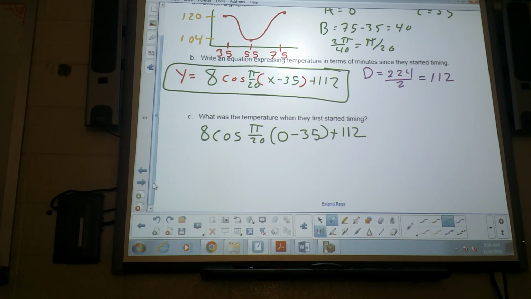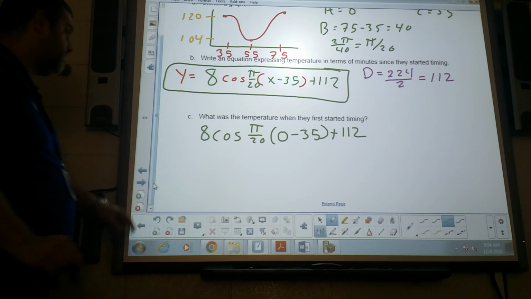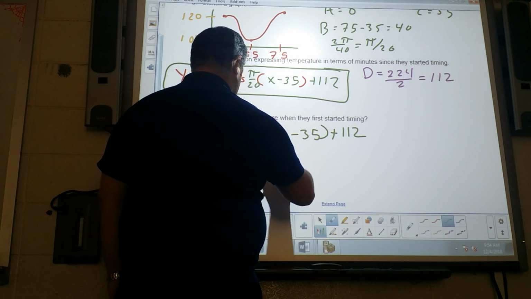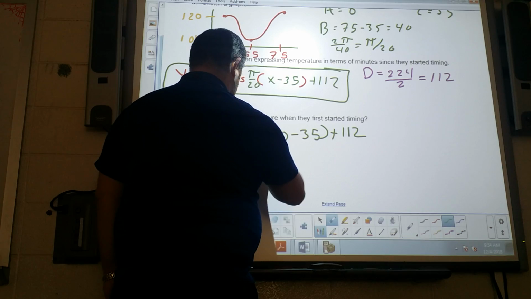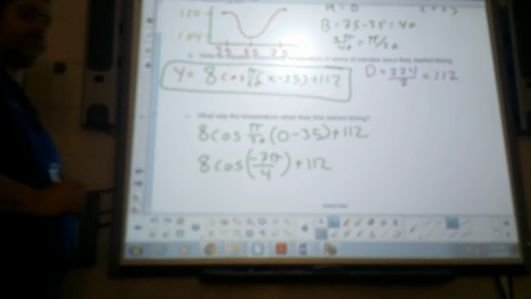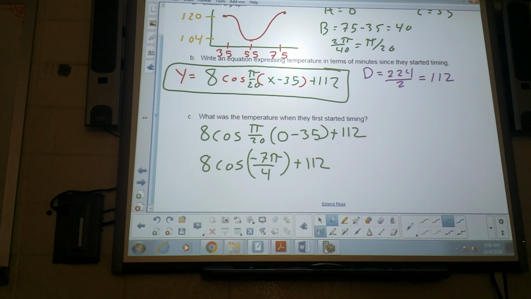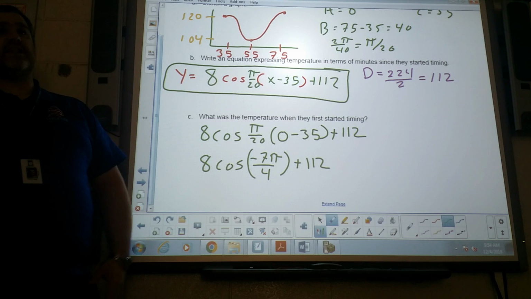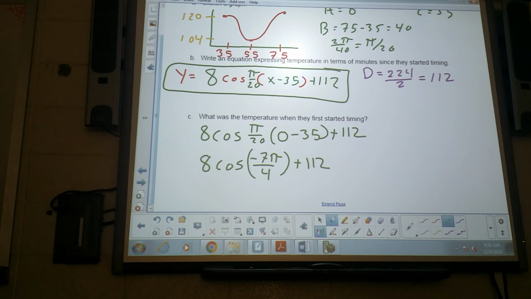It's all kind of up to you which one you want to do. Again, as Grace said for the first one, you can leave it as the negative 35 over 20. You will get the same answer because negative 35 over 20 is just the non-reduced form of negative 7 over 4. So you can use either one.